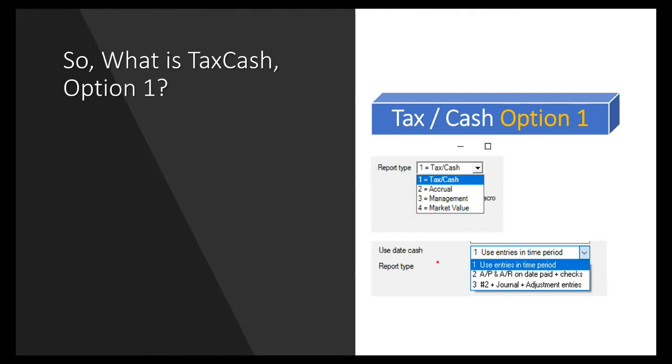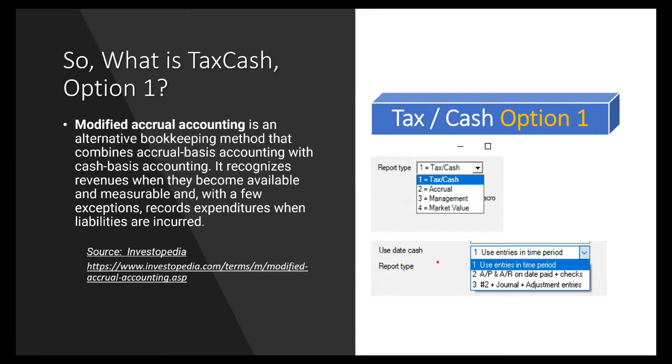So what is cash exchange option 1? Because that's where most people probably run reports. As I was doing some research for this, I came across the term modified accrual accounting, and I remember this term from my college days.